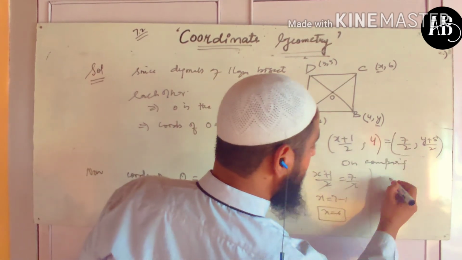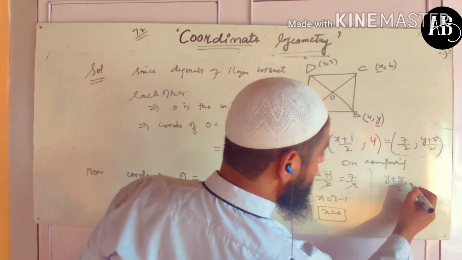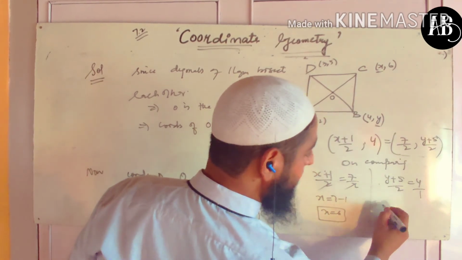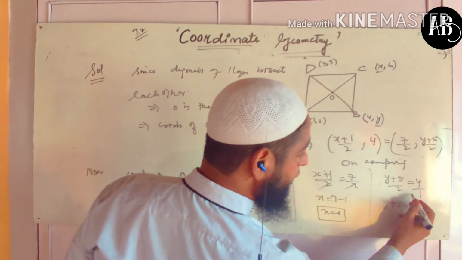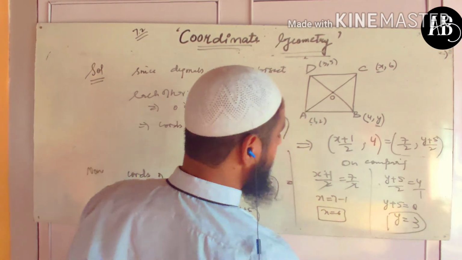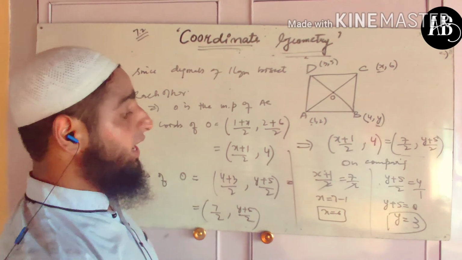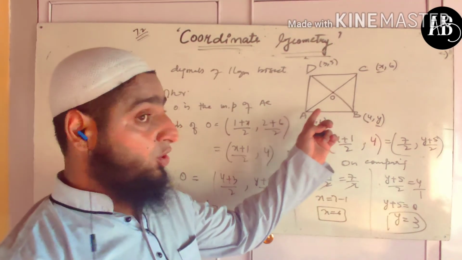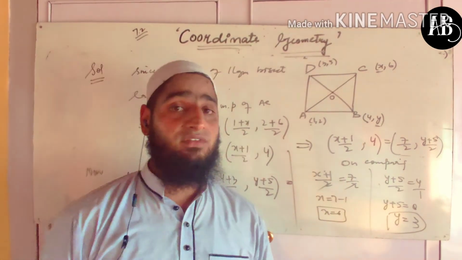Similarly, y coordinate, (y + 5)/2 is equal to 4. Cross multiply it, y + 5 is equal to 4 into 2 is 8, and y is equal to 8 minus 5 is 3. It means by coordinates of O we can find the values of x and y.